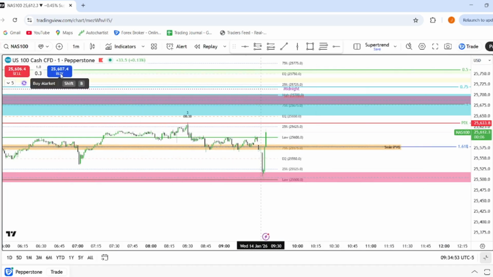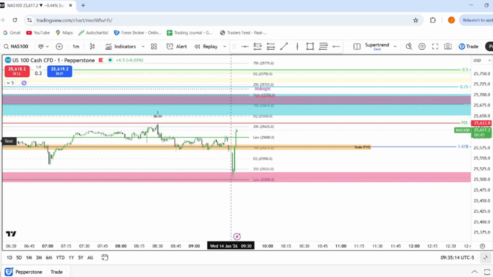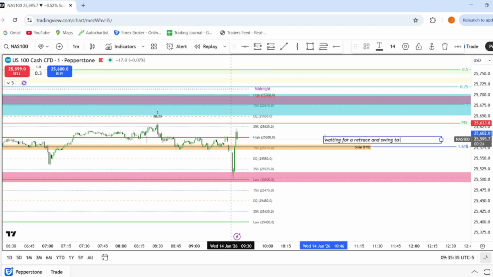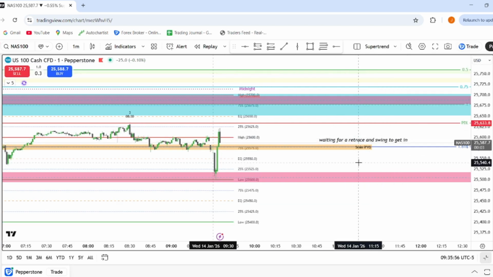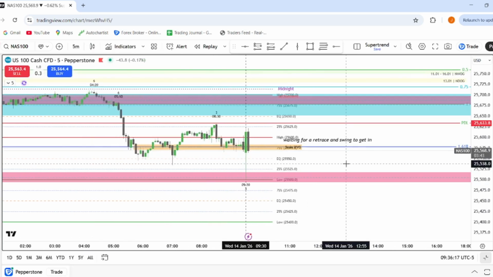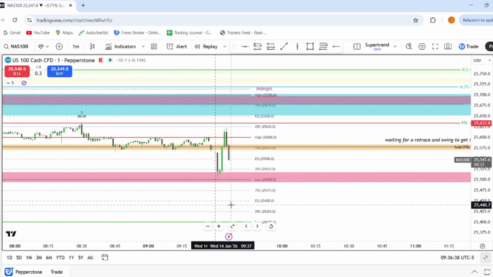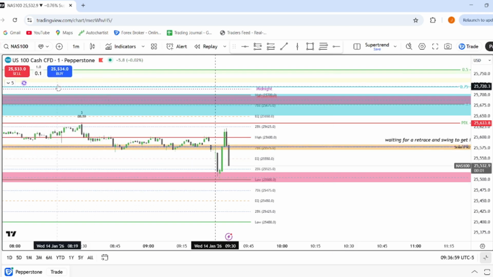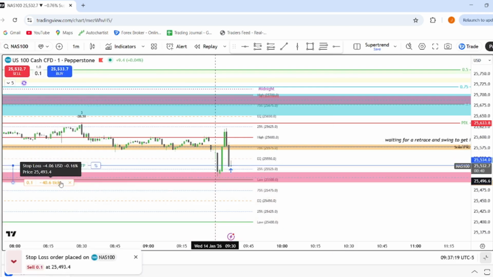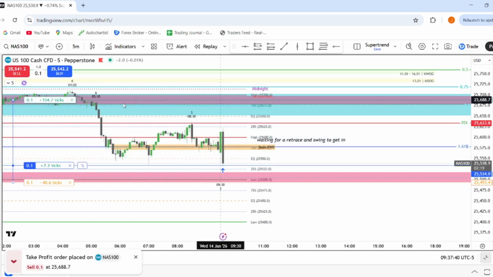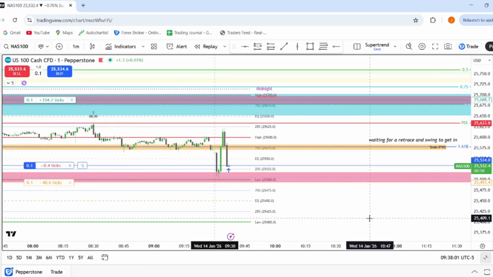We've gone up higher. We've now taken the liquidity. And I'm looking for a retracement to get in to the upside, right? So there we have it. I put on my stop loss, and I'm thinking price is going to go up and bounce off that first fair value gap.